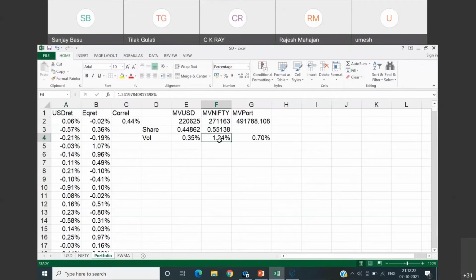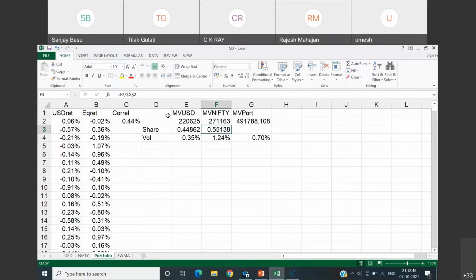So for this two asset portfolio, what is the portfolio volatility? Should we add these volatilities? Should we take the weights and add these volatilities? So what are the shares of the two instruments?